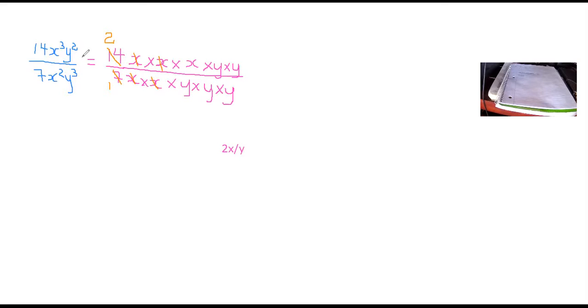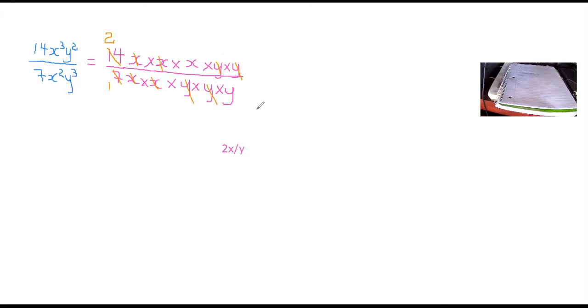Just like x squared is an algebraic factor of x cubed, y squared is an algebraic factor of y cubed. So I'm going to cancel down y squared from numerator and denominator, canceling a y and a y, a y and a y. That means I'll remain just with the algebraic term y in my denominator.